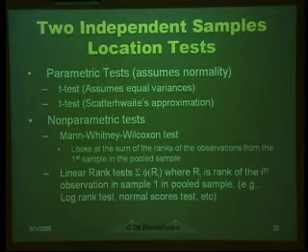And that weight allows you to give more power to different kinds of hypotheses. Those of you that have done survival analysis and you've heard of the log rank test, that's a special case of this weight when you have censored data. But usually what we do here is the Mann-Whitney-Wilcoxon test.